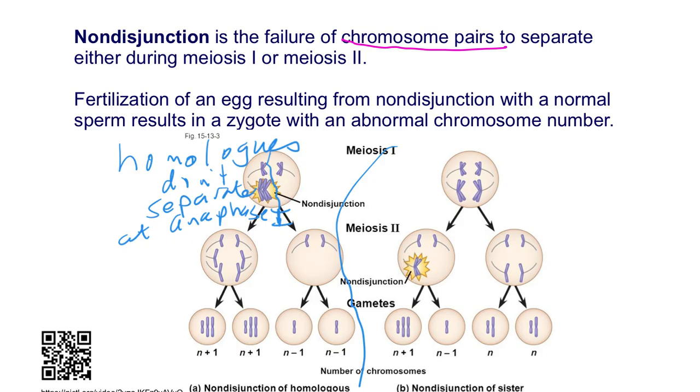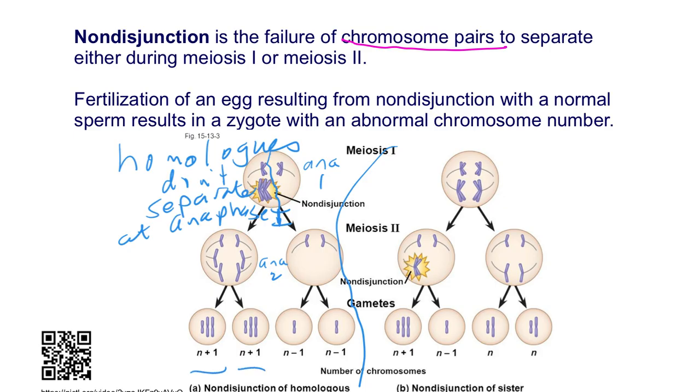So this first one is ana 1, and then this would be ana 2. But you can see that there was no sticking in ana 2, as the mistake was in anaphase 1.